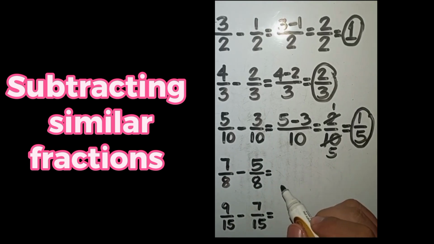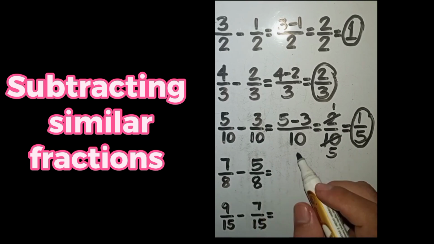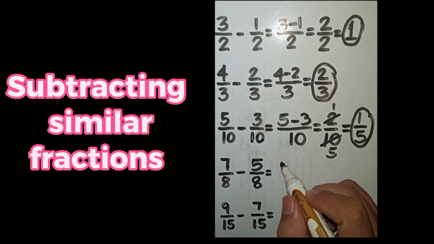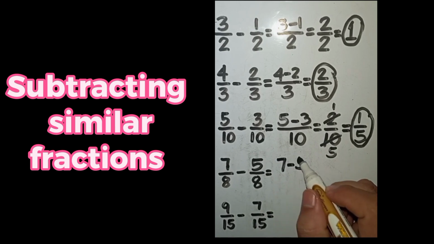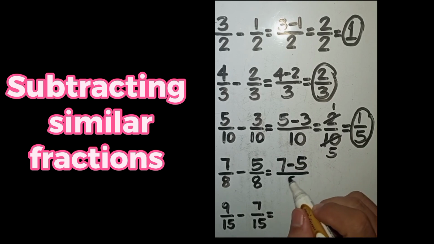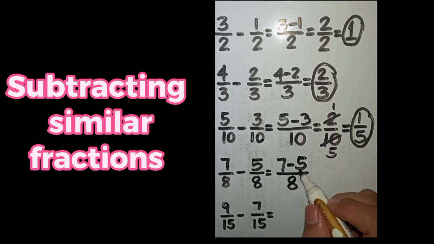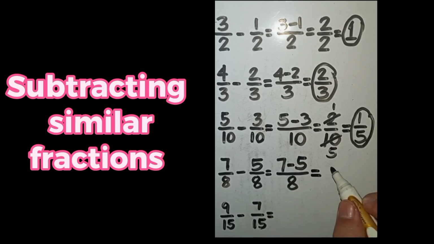And for number 4, we have 7 eighths minus 5 eighths. The same process we are going to take. So we have to subtract 7 minus 5 over 8. 7 minus 5 is 2 over 8. And then we have to simplify further.